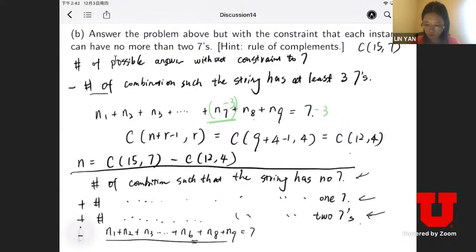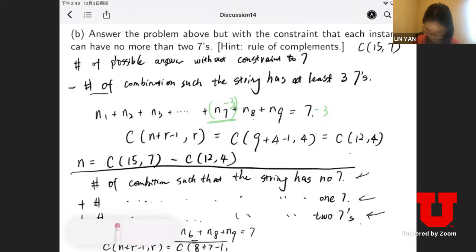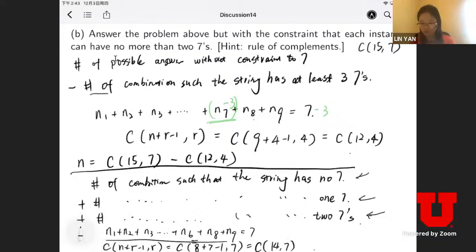Now we can still use the bag problem, but now n is equal to 8. So it is equal to 8 plus 7 minus 1 choose 7, which is 14 choose 7.